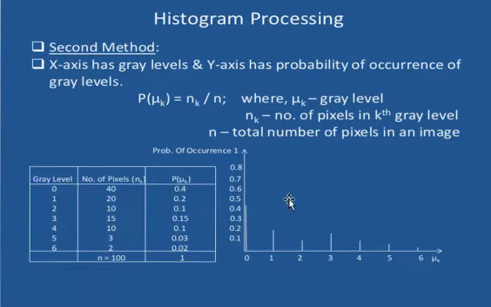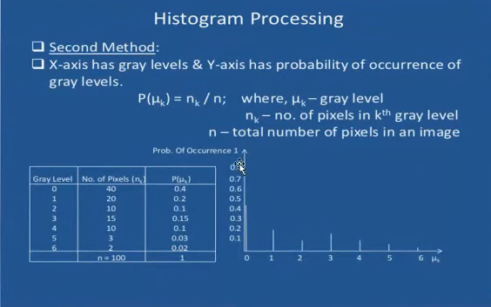Okay, then take the graph here. On the y-axis take P of Rk, and on the x-axis take the Rk values. Then the 0th intensity value is 0.4, the 1 intensity value is 0.2, the 2 intensity value is 0.1, and so on. Like this you just draw the graph. What is the advantage here?